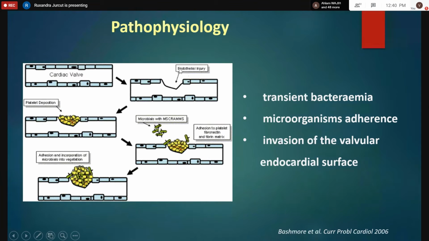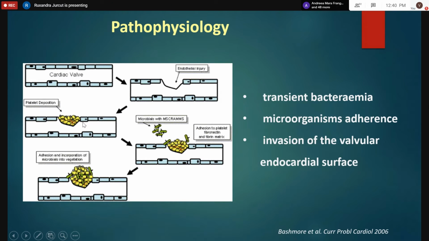I said that there needs to be an endothelial injury as a basic lesion, because the normal response of any organism would be to repair this injury. To repair it normally, there would be platelet deposition together with fibrin, so the organism would try to cover it with a sort of platelet clot.